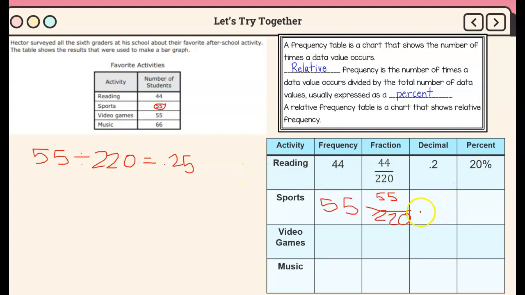Okay, so our decimal is 0.25. If our decimal is 0.25, how can you turn that into a percent? We're going to move our decimal 2 places to the right. So here's 1, here's 2. We're going to take away our decimal, add a percent sign, and it becomes 25%.